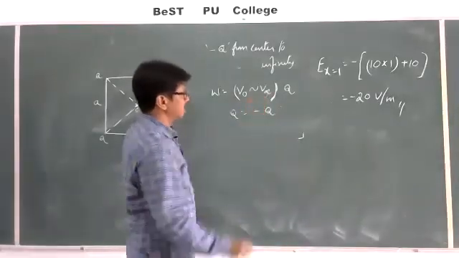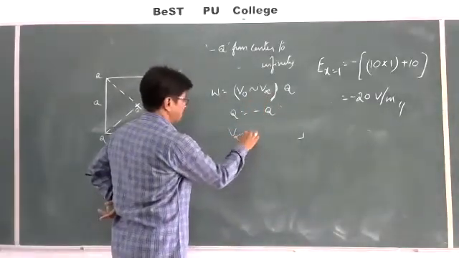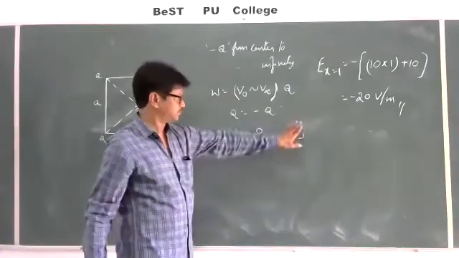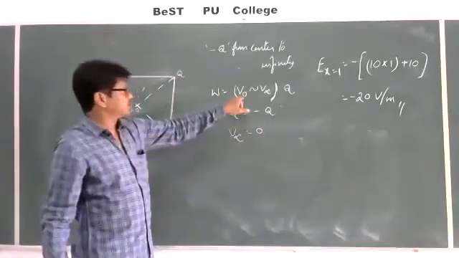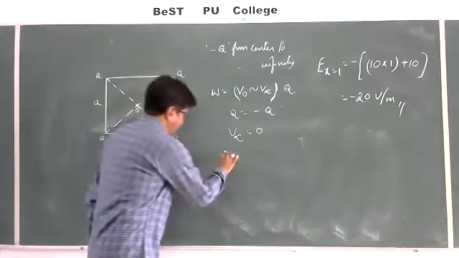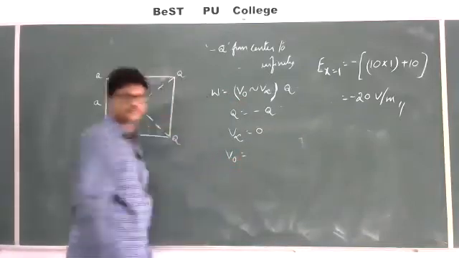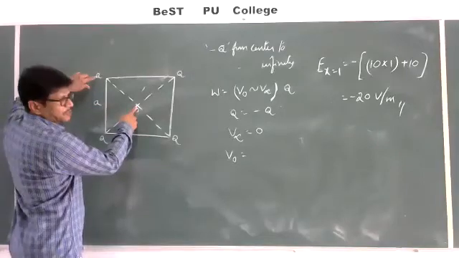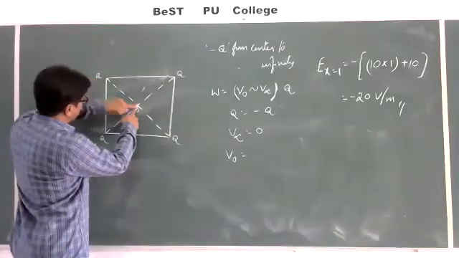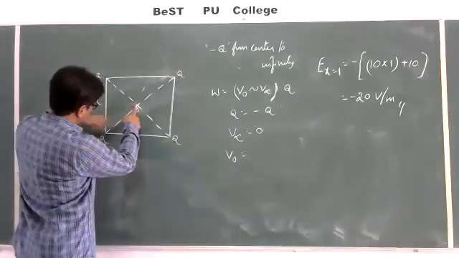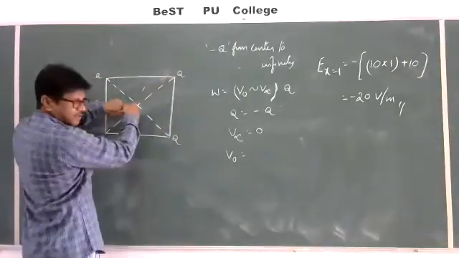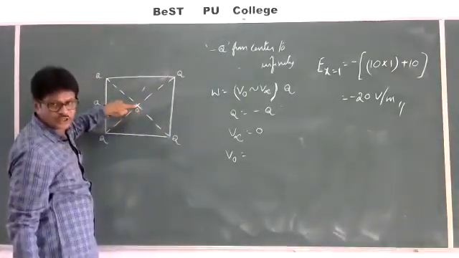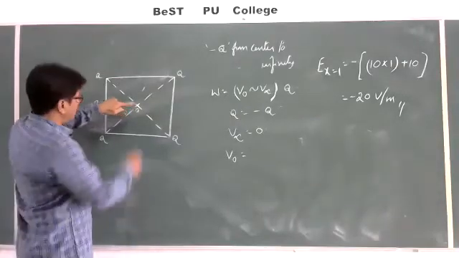What is the potential at infinity? The potential at infinity is 0 always. Then what is the potential at O? I would like to find the potential at O. Here how many potentials will act? 4 potentials will act, one because of each charge.